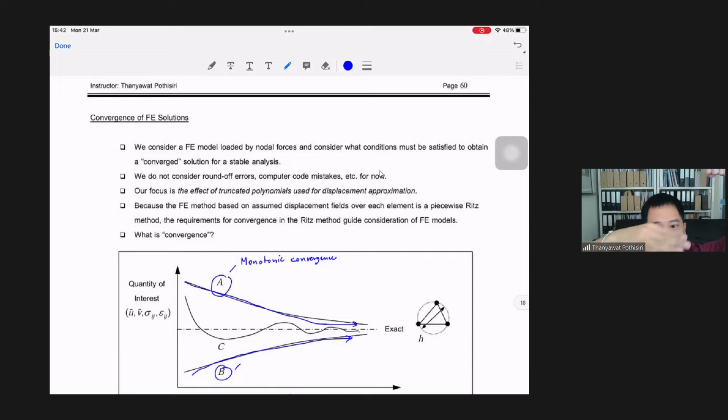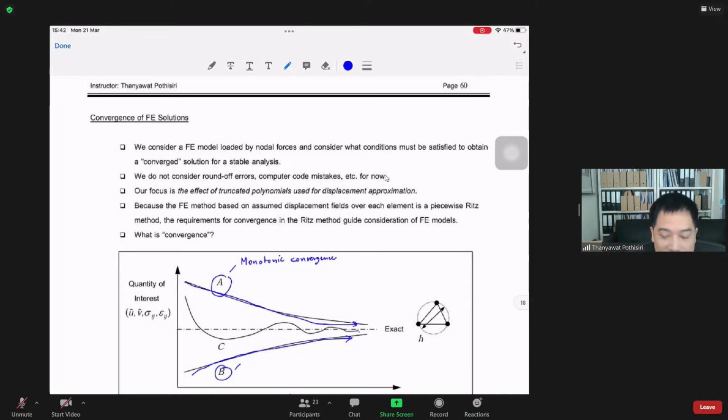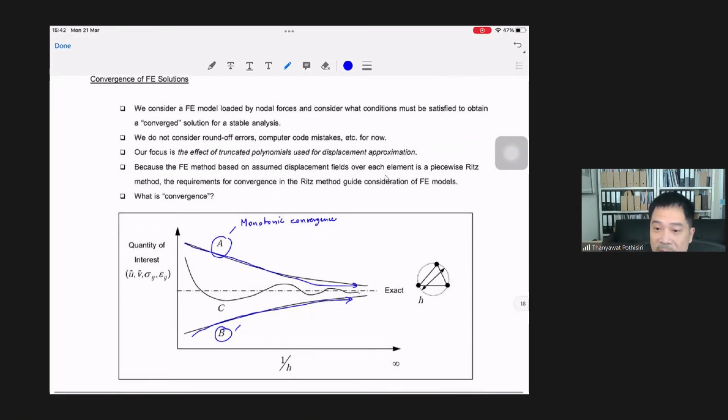When it decreases, it doesn't increase again. So it keeps decreasing all the time to a certain place. Or when you look at curve B, the value keeps increasing. Once it increases, it never decreases. So it monotonically converges to the exact solution.